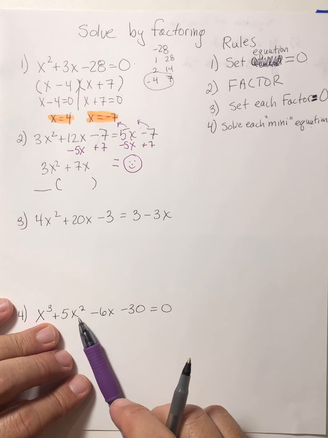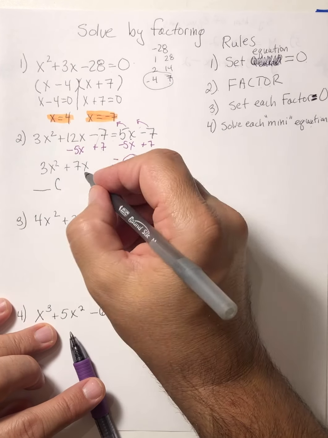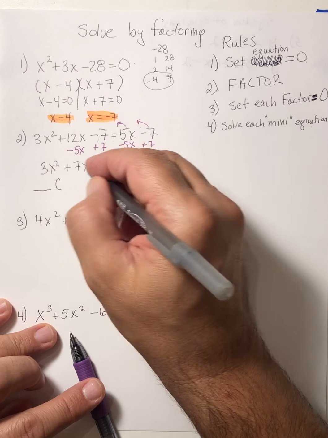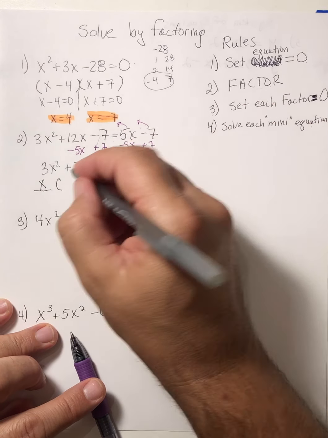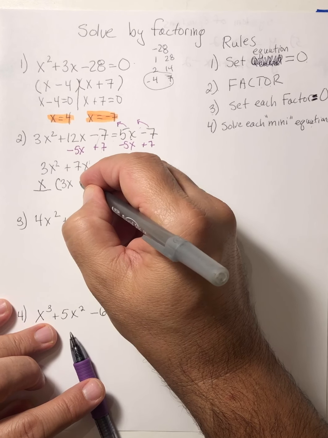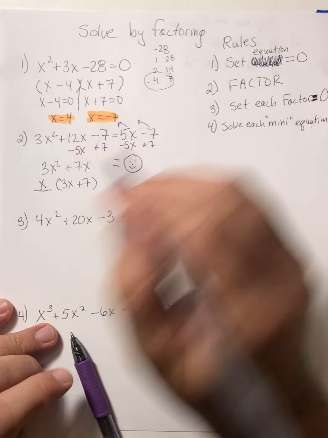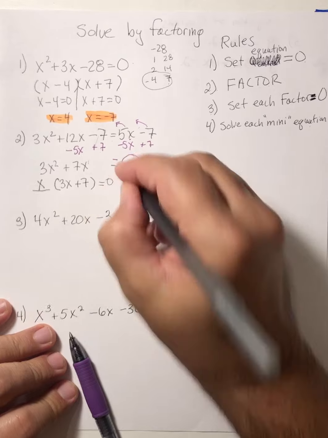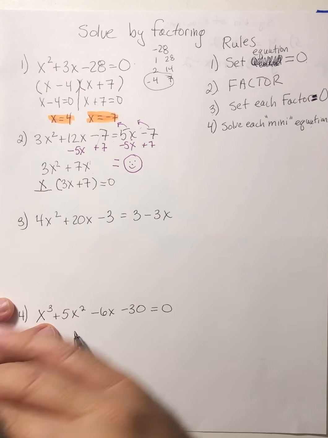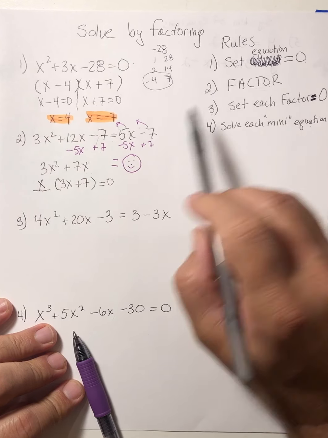And what's the GCF here? That's right. The only thing they have in common is x, x to the power of 1. So then I have x times 3x plus 7 equals 0. We just did the hard part. So we did the factoring part, number 2.